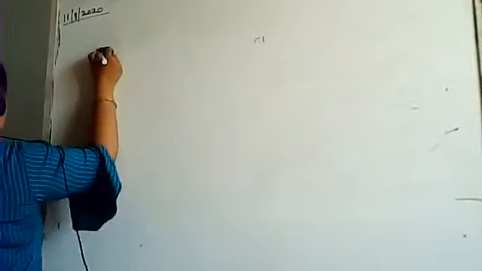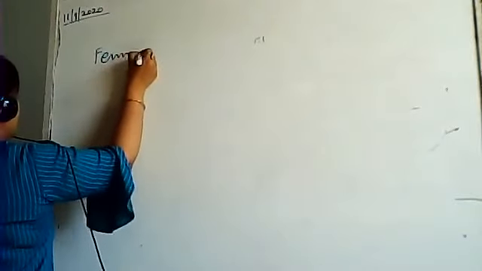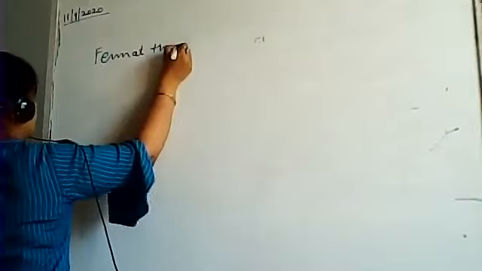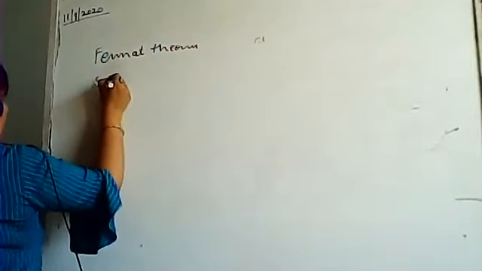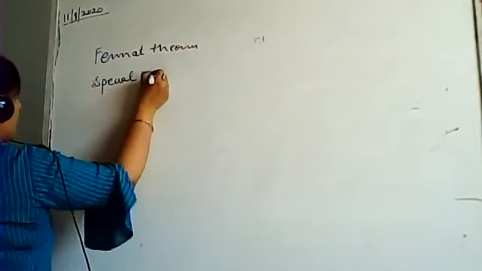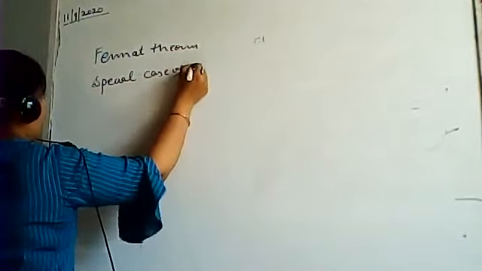I will obviously give you notes afterwards. You can go through all these things. Okay, so we have a special case. There is the Fermat theorem. Now this is a special case of the Euler theorem. Fermat theorem is a special case of Euler's theorem.